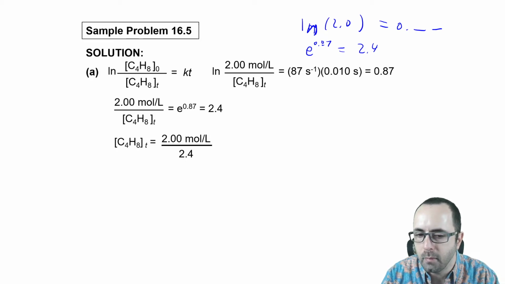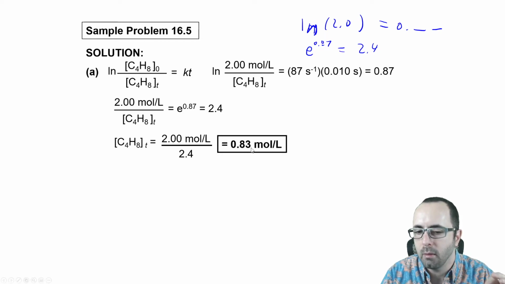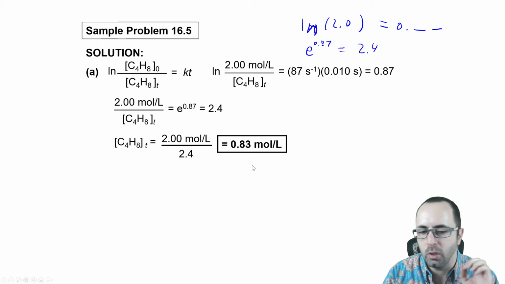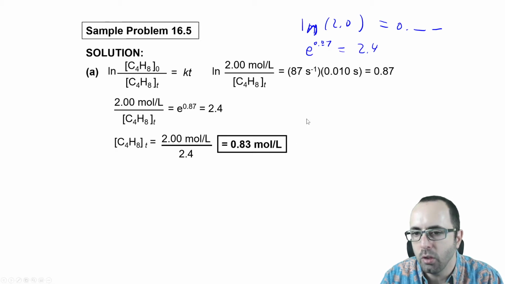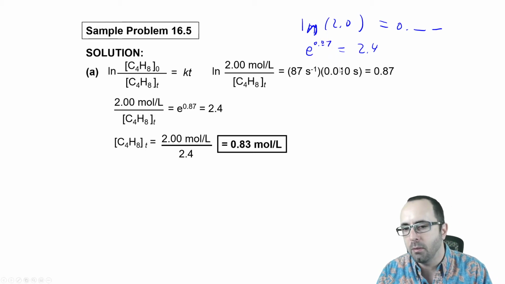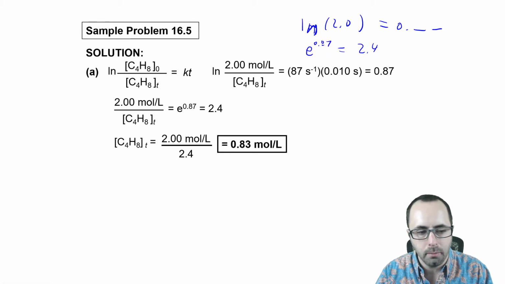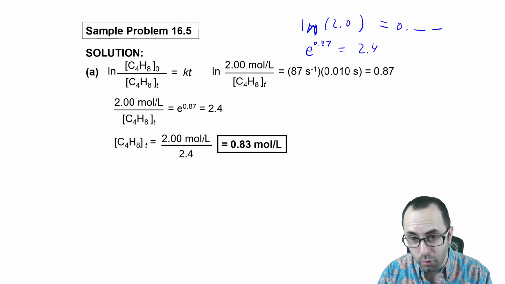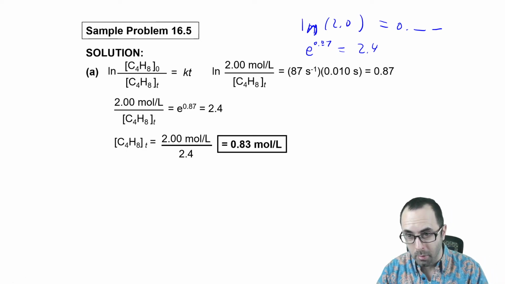I'm not too tough on you guys on Sig Fig rules for logs and for exponents, but I do note them because you might get confused about why numbers are different when you round so much. When you do exponents, the reason why you only keep as many significant figures as there are places after the decimal point is because when you take an exponent, you usually blow a number up and make it way bigger.